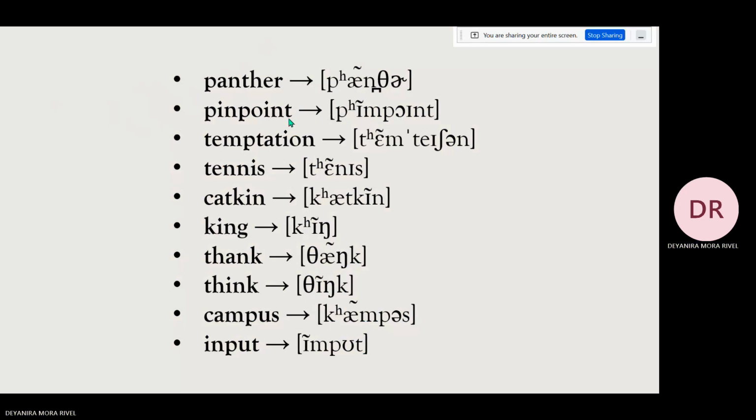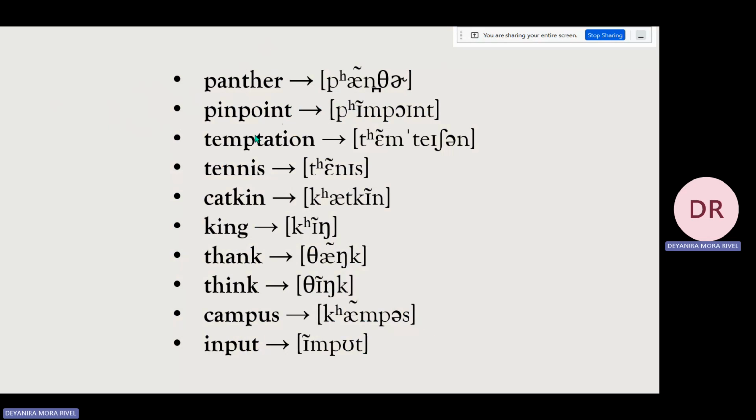So the first P is aspirated, but the second one is not. Temptation, the same thing. The stress is in this first one, the first T. So that first T is aspirated.